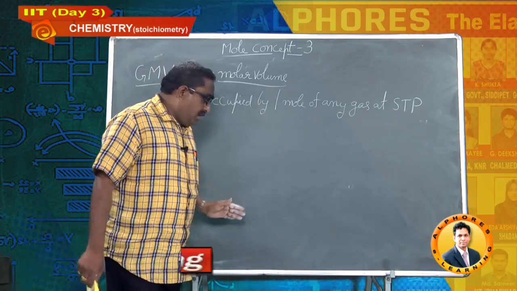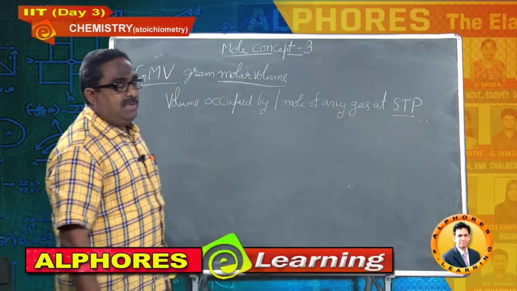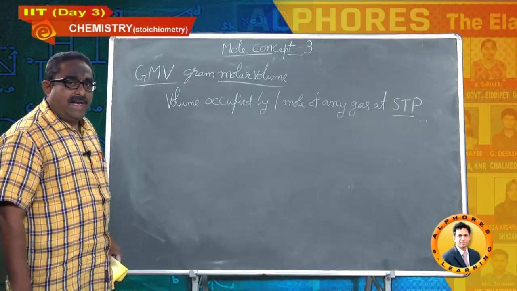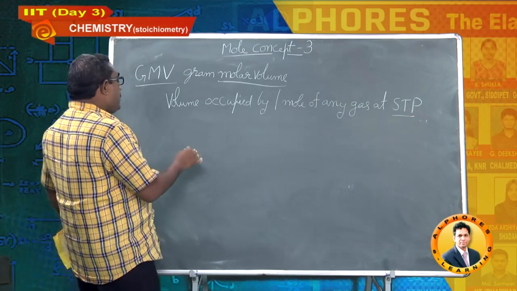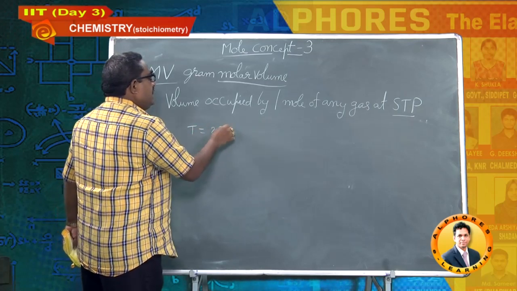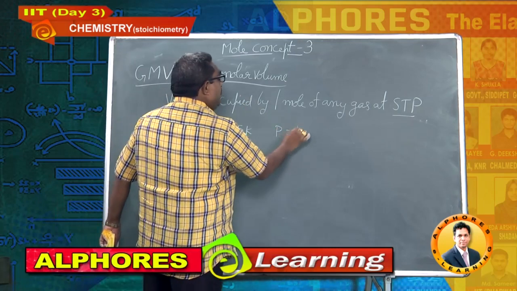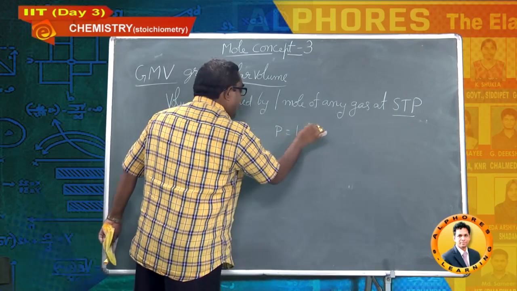But the first thing we have to learn is STP, standard temperature and pressure. The temperature should be 273.15 Kelvin and the pressure is 1 atmosphere.